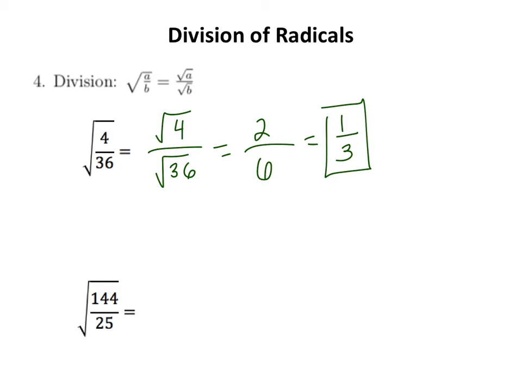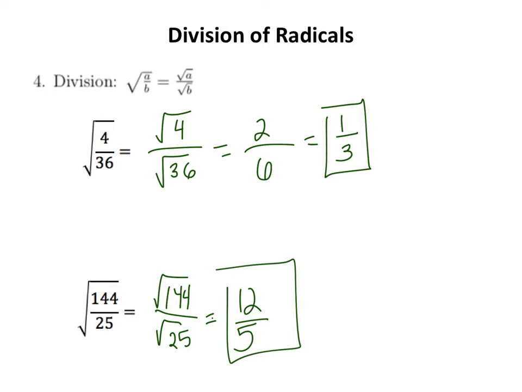Looking at this next one, 144 over 25. 25 cannot go into 144 equally, so I'm just going to do square root of 144 over square root of 25. That's equal to 12 over 5. I cannot simplify that, so that's complete.